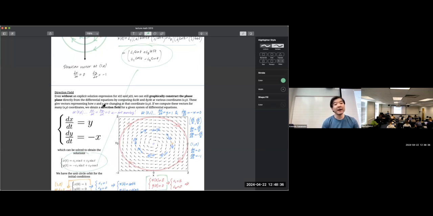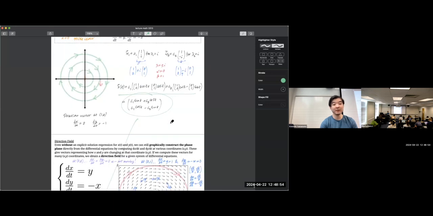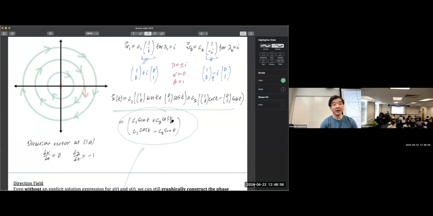And so I said back then, hey, once we learn how to do complex eigenvalues, the solution will be this. But then I said, let's wait, let's just draw the direction field, and then eventually we'll be able to see that these are going to be stable centers, with orbits like this.